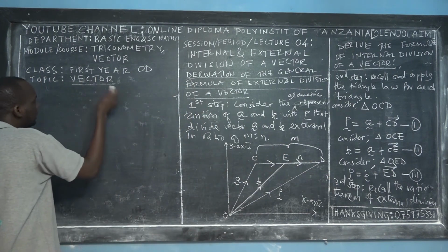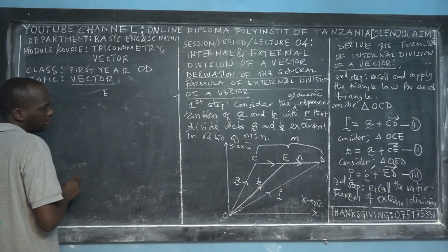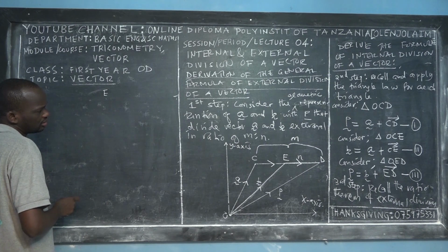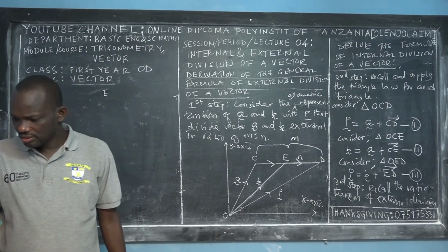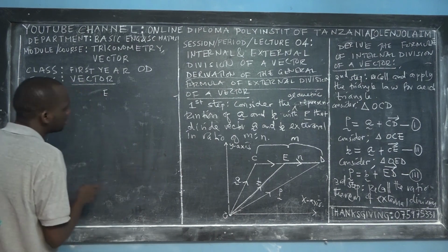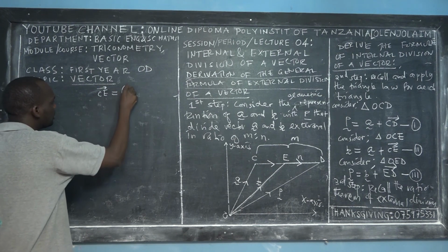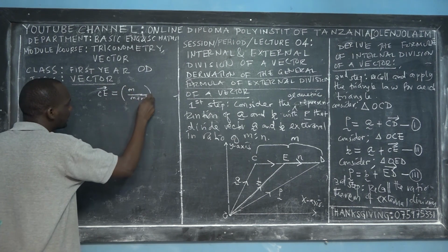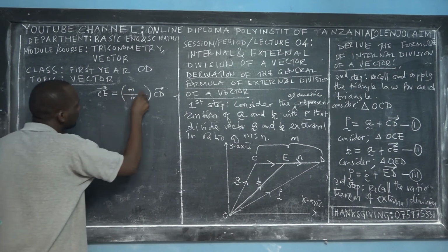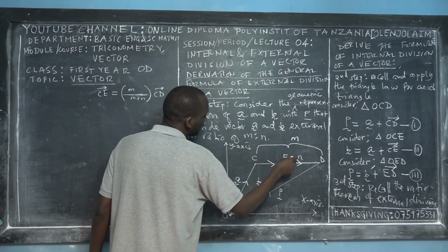Before, for the internal division, vector CE was equal to m over m plus n, times the resultant vector, which is CD. In that case, m was a ratio representing CE, and n was a ratio representing ED.